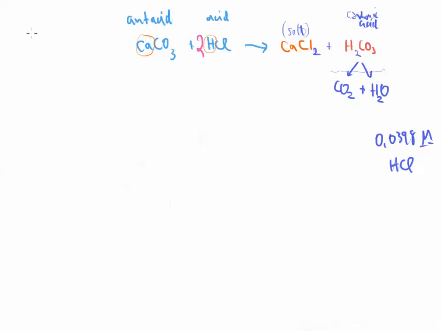All right, so in this flask, I have a certain amount, milligram wise, of calcium carbonate tablet. That is my antacid tablet. But we said that in this flask we have also added in hydrochloric acid, and we've added a certain amount of milliliters of that hydrochloric acid in there.